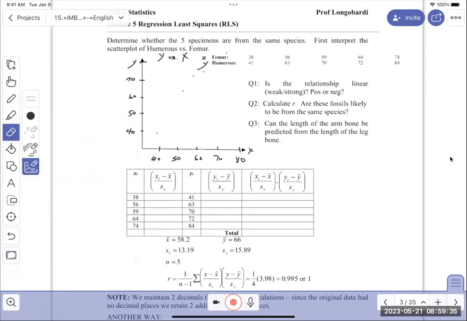I can clear this up. Clear this up too. See the data. There you go. All right, so it's an upward trend. I can imagine a line fitting to those points.